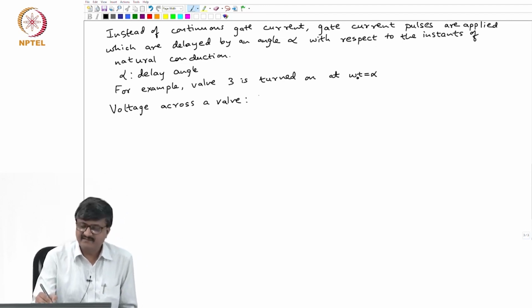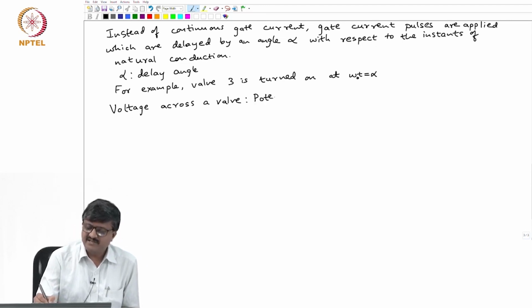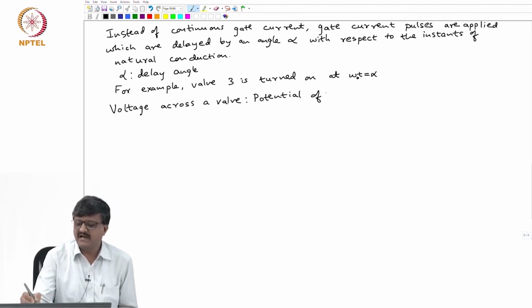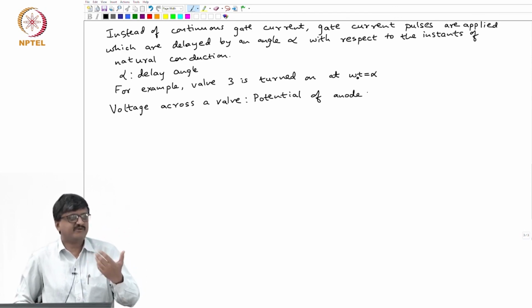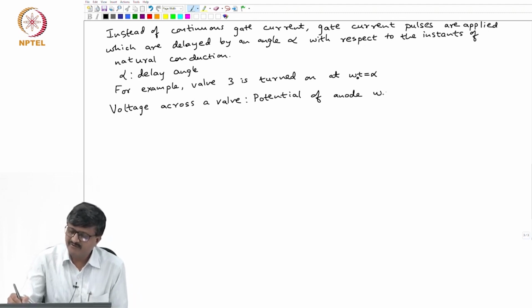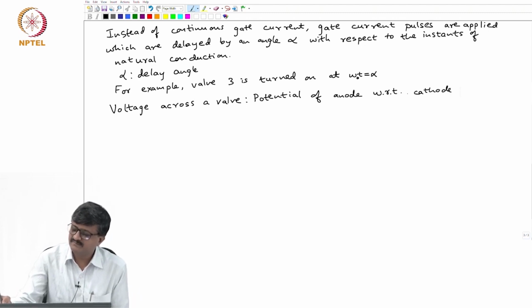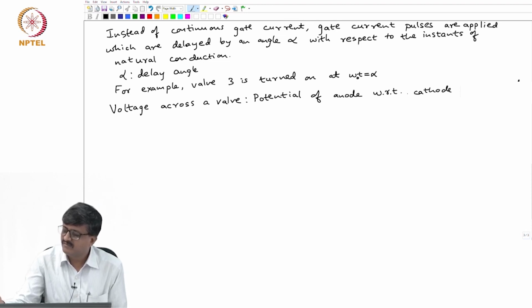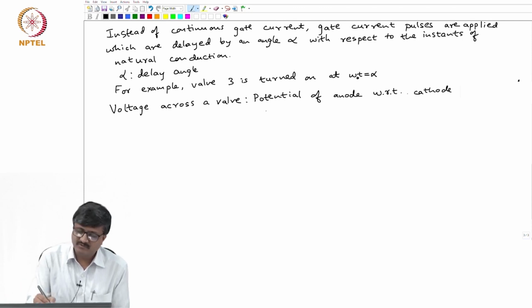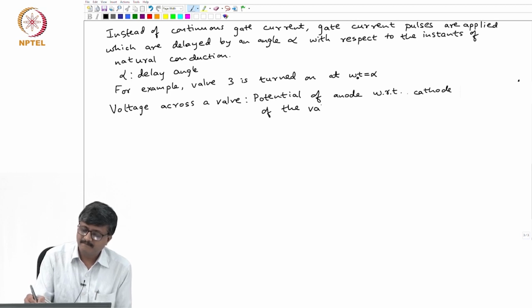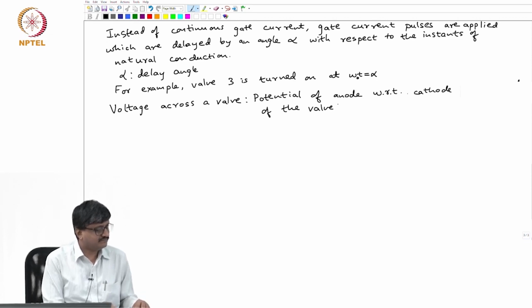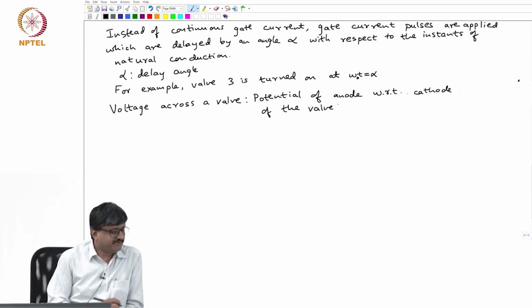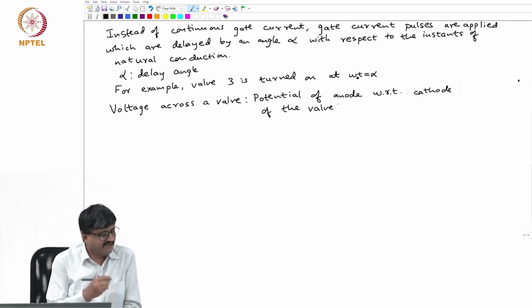By definition, it is the potential of anode with respect to cathode. So, every time I will not say the full phrase. I will just say voltage across valve 1, the potential of anode with respect to cathode of the valve. So, I was asking what happens to the voltage across valve 1 when valve 3 is turned on.